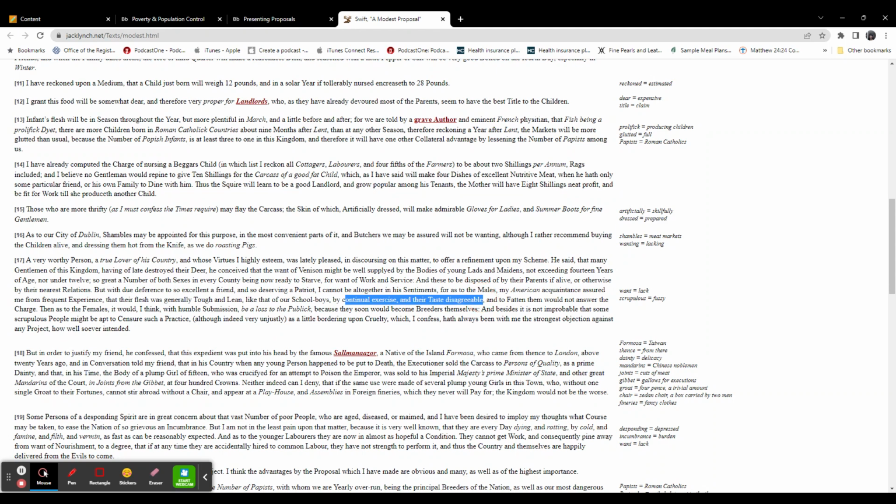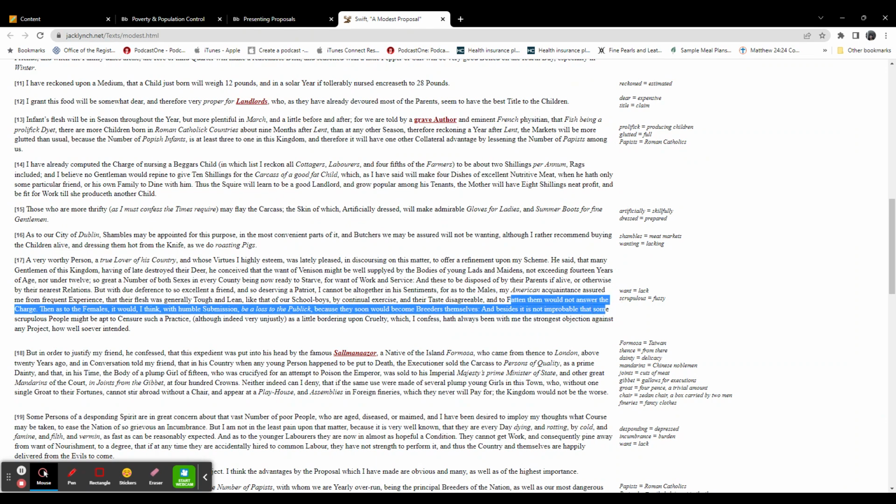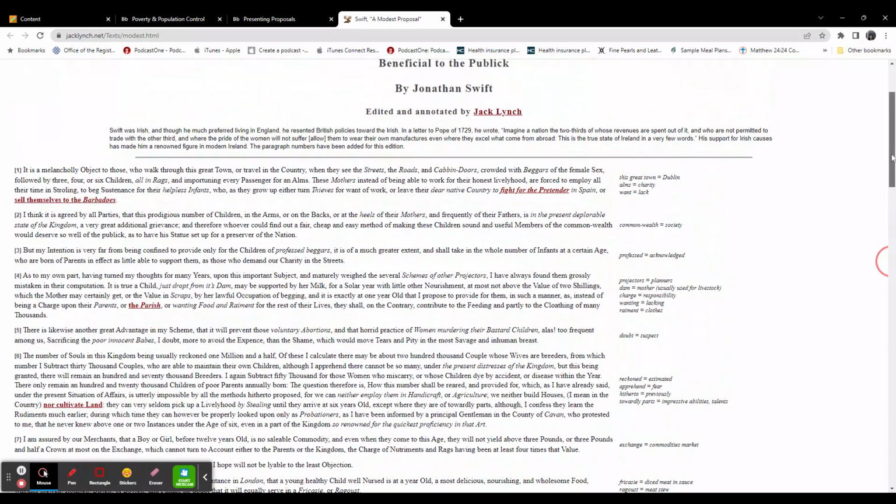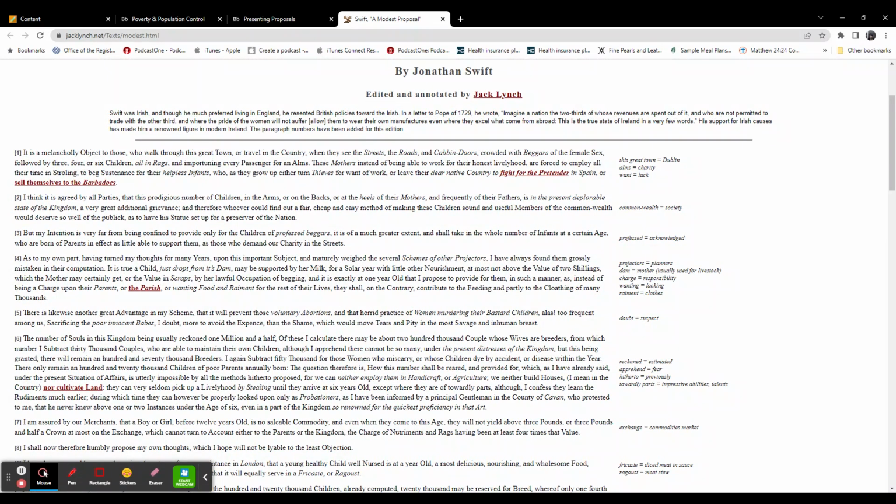So by a certain age, they will be hard to eat, and to fatten them up would not answer the charge. So in other words, Jonathan Swift's proposal is his way of answering the charge of how we should rear them.